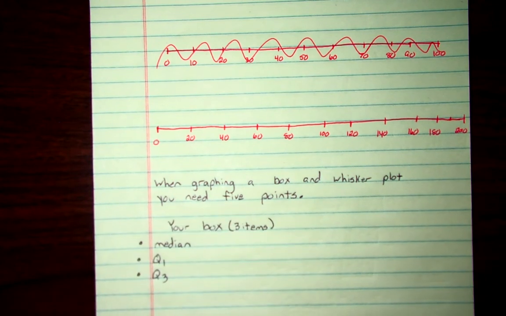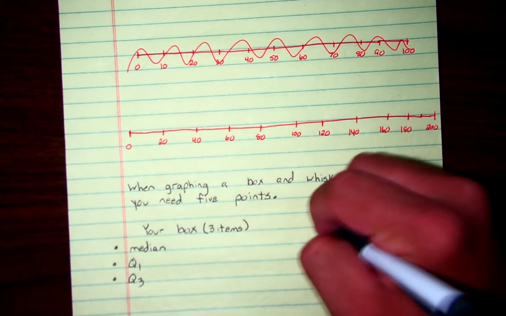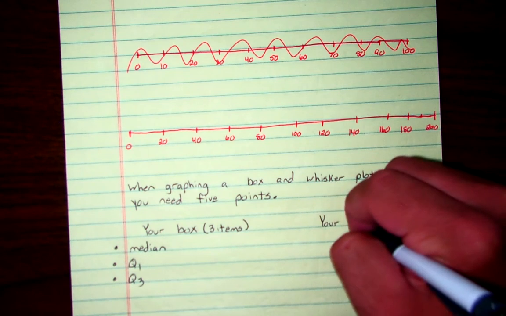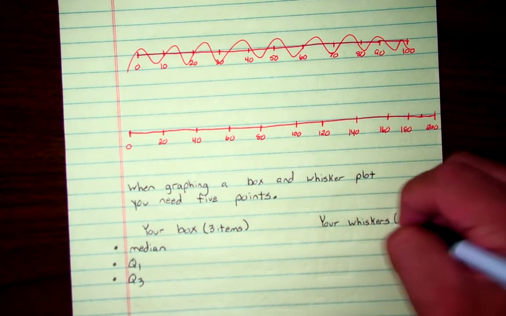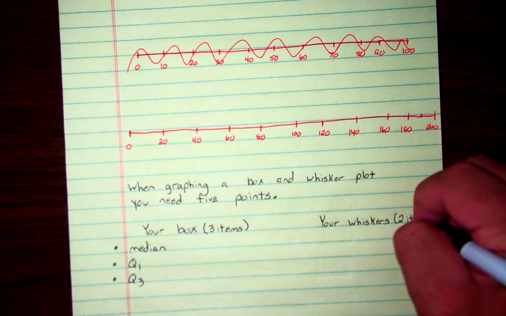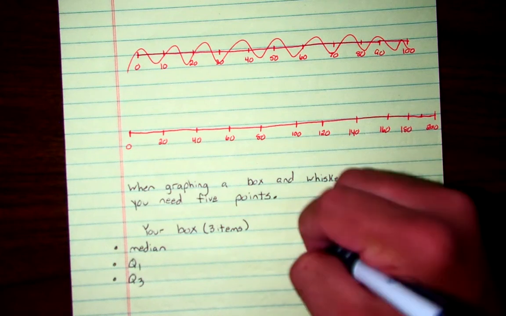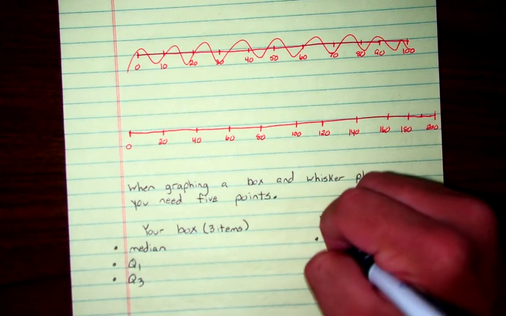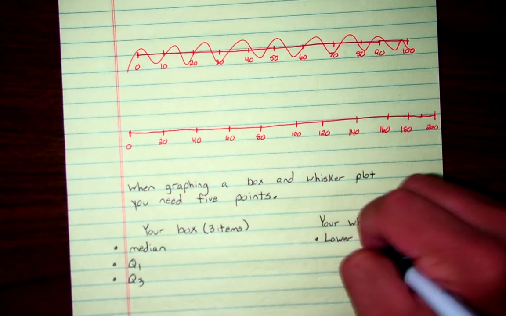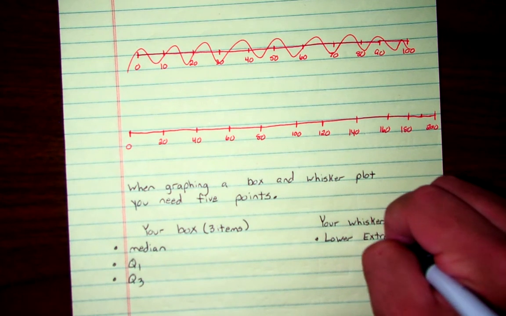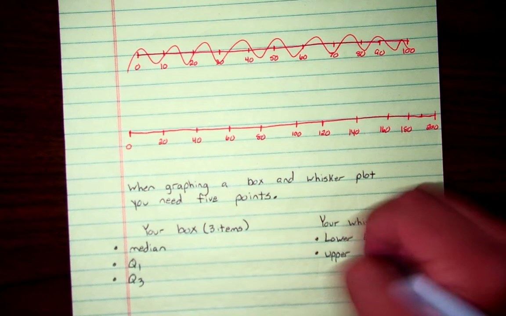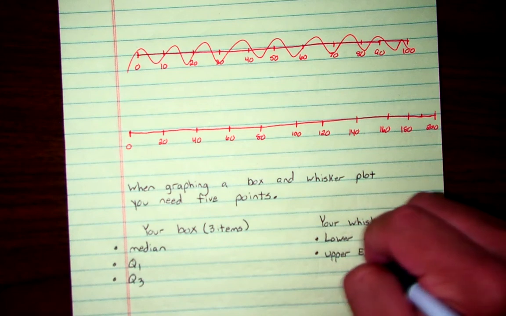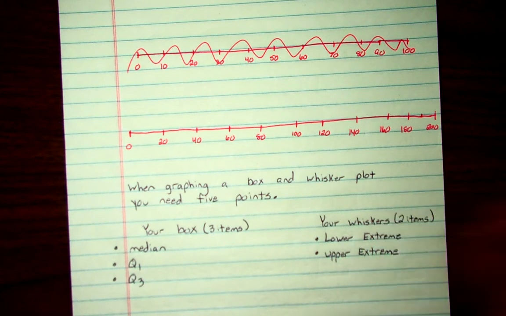Then your whiskers have 2 items: your lower extreme and your upper extreme. Alright, so here we go.